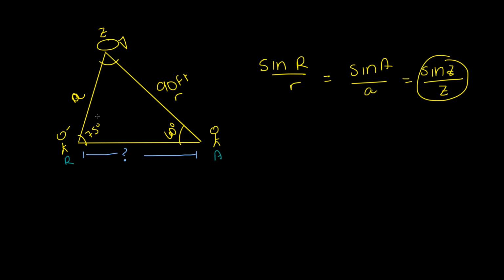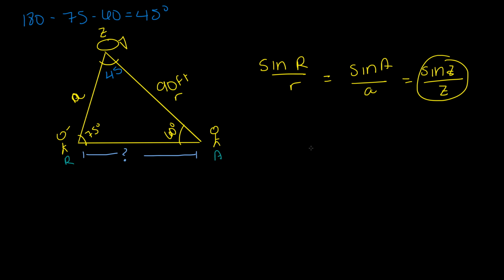All right. So I have enough information to find the Zeppelin's angle. I'm going to take 180 degrees, subtract 75, and subtract 60. And from this I get 45 degrees. So this piece is 45 degrees.